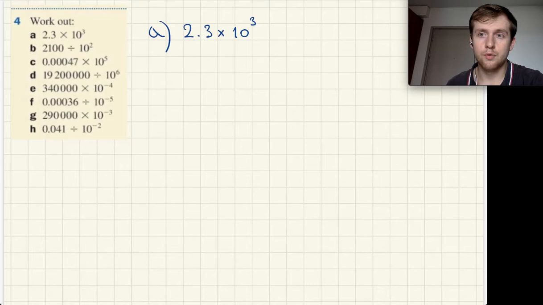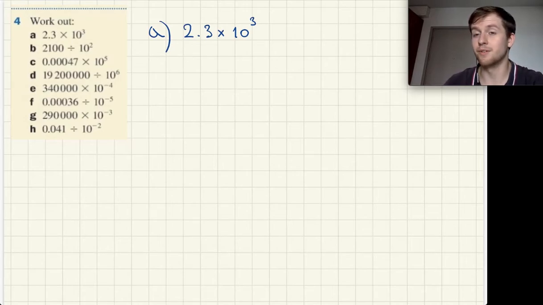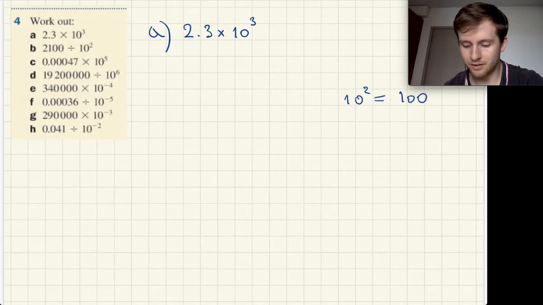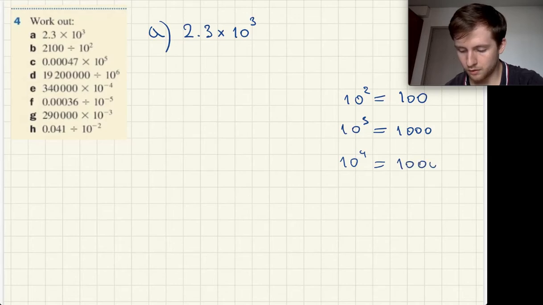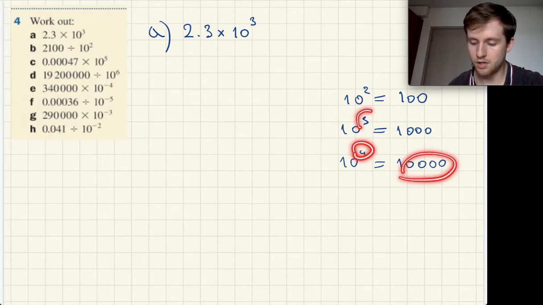To keep it simple, 10 to the power of 3 is just a 1 with 3 zeros. 10 to the power of 2 would be 100, 10 to the power of 3 would be 1,000, right? 10 to the power of 4 would be 10,000. So power 4, 4 zeros, power 3, 3 zeros, power 2, 2 zeros.